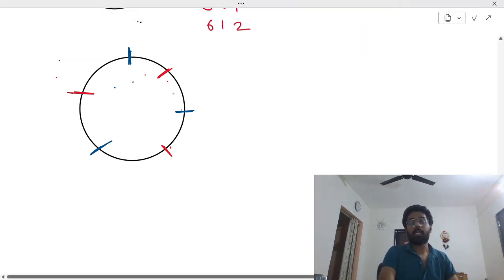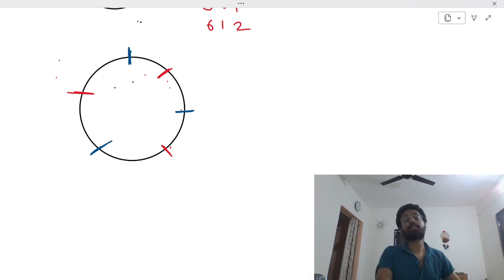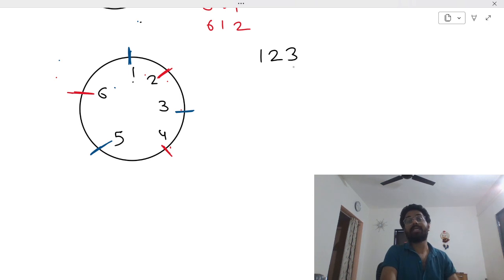Let's count the faults. No red dot is a fault in the alternate arrangement, so no faults from the red side. But for positions 1 2 3, 1 and 3 are blue balls, so there is one fault here.